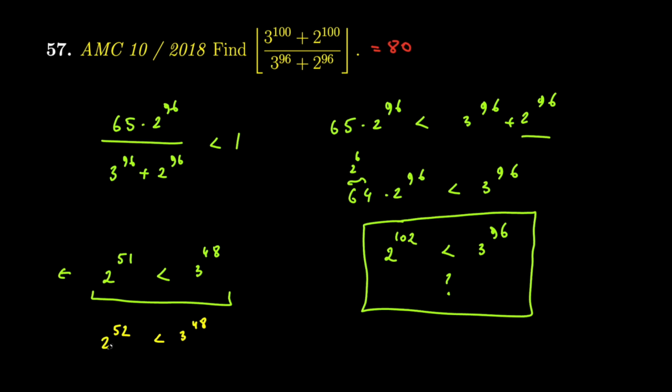Divide the powers by 4: that's 2 to the power 13 or 3 to the power 12. So you can simply compute these two numbers.